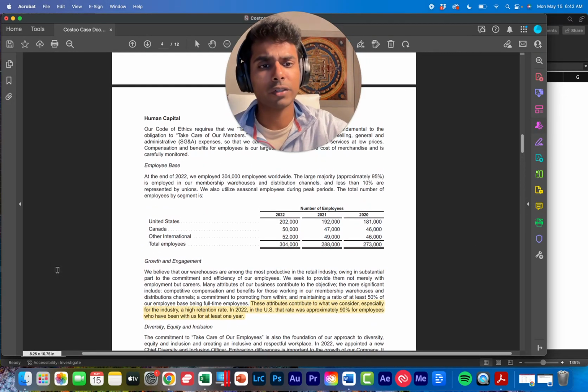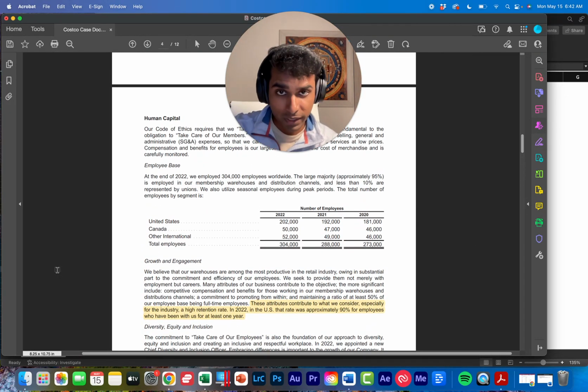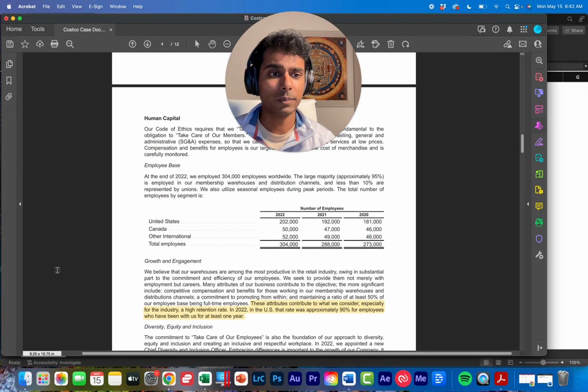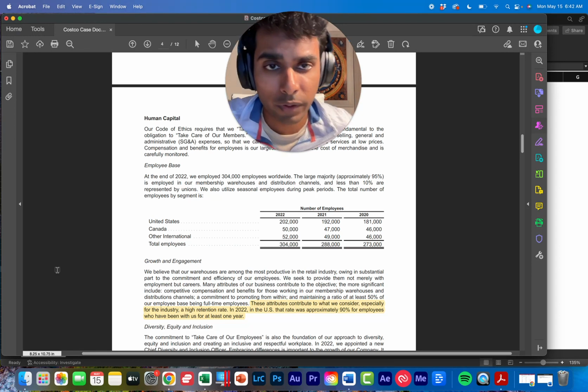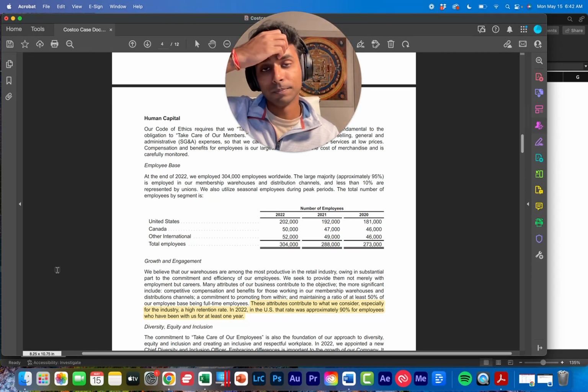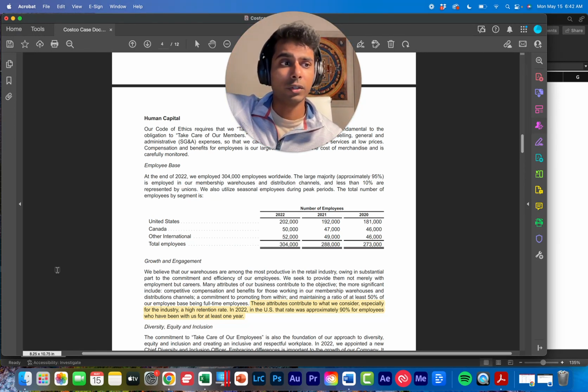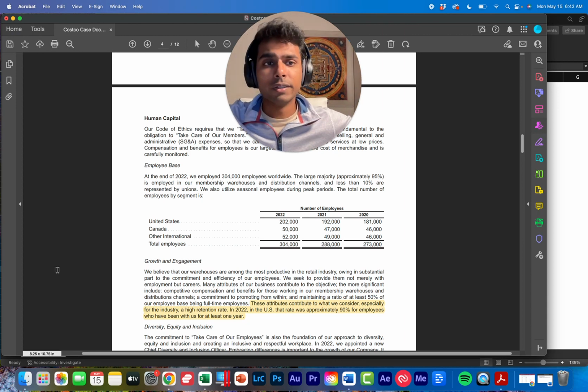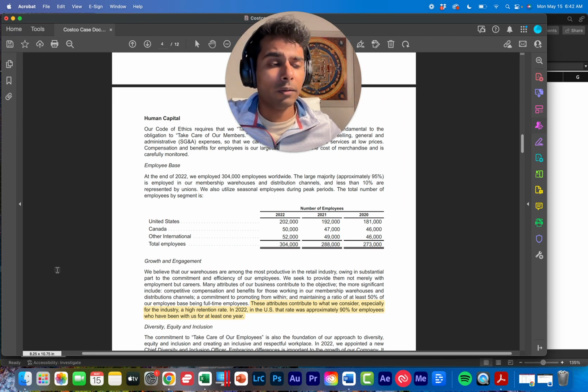So the other thing here is, now that we've read what the company says about the business, we want to see actual data, right? The company has also provided us with good data here, like the retention rates, but we want to verify with third parties and do our own research, so we never want to jump to conclusions.